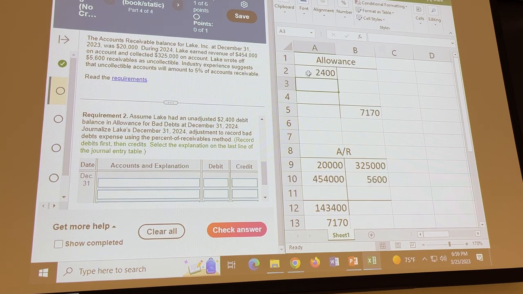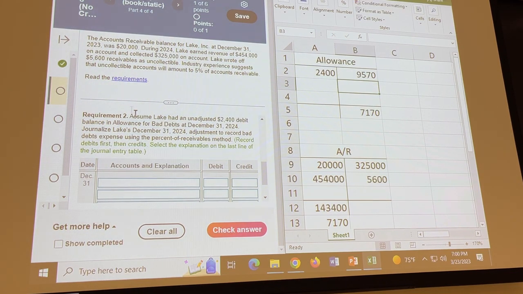So now, in this case, we did have a debit balance of 2,400. The target that we want to get to is a credit balance of 7,170. So the entry that we have to make to get there would basically be these two numbers together.